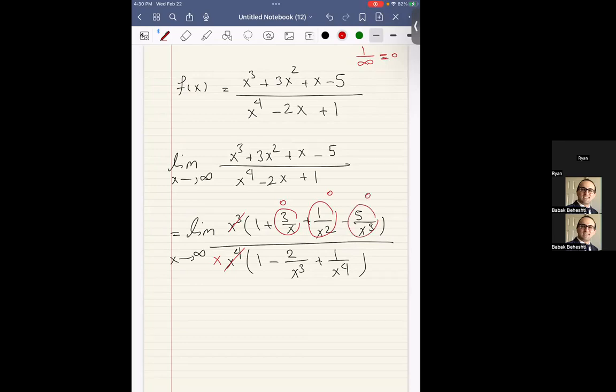This is also 0, this is also 0, this is also 0. So at the top, you get 1, and at the bottom, you have x, and x goes to infinity, which is again 0.